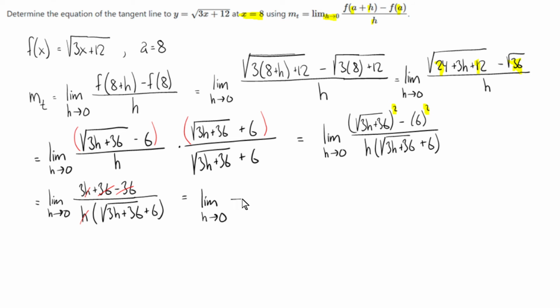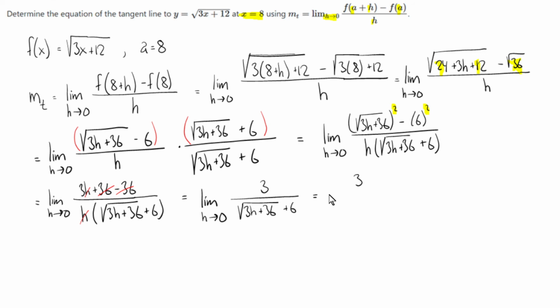So we're left with the limit as h tends to 0. In the numerator, we have a 3. In the denominator, we have the square root of 3h plus 36 plus 6. At this point, we can substitute in h equals 0.